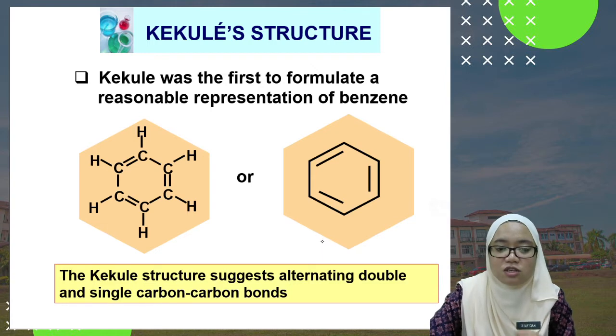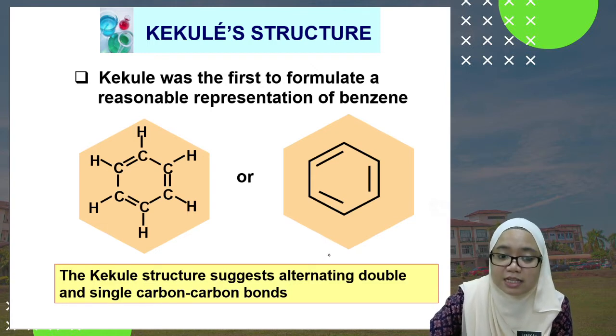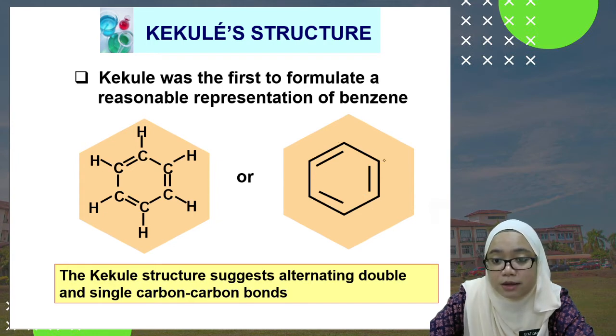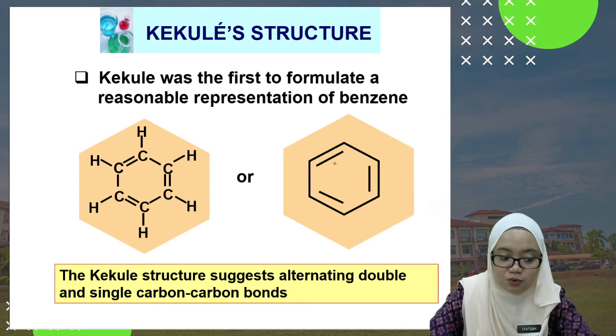Kekule's structure suggests alternating double and single carbon bonds. The double bond and the single bond are arranged alternatingly, double bond here, single bond here, to form a benzene ring.